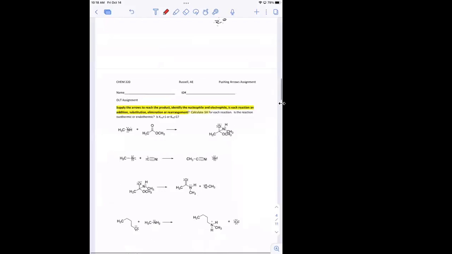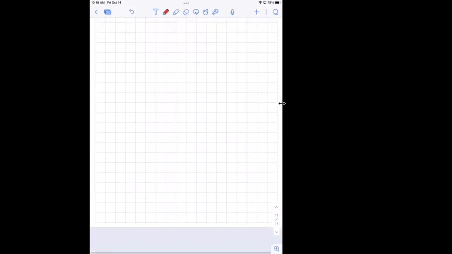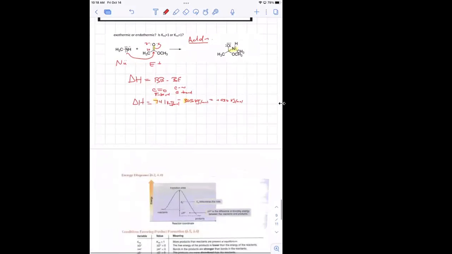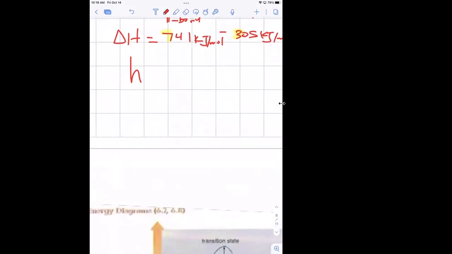All right. So the fact that delta H is positive, and such a big number, means this is highly endothermic. That means it takes a lot of energy to get this reaction to go. And it may be lost on you because kilojoules seems so esoteric.